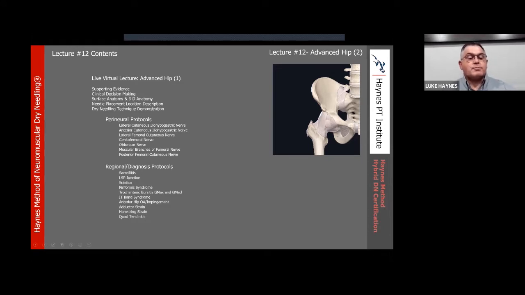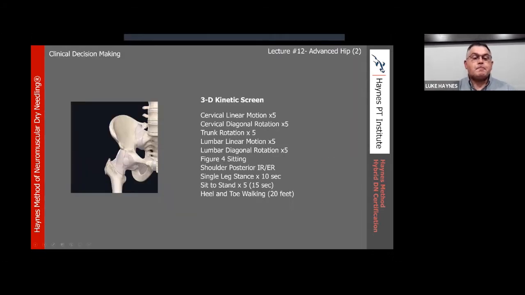From a regional diagnosis protocol standpoint, we're going to look at sacroiliitis, the lumbosacral pelvic junction, what we call sciatica. We'll look at piriformis syndrome, trochanteric bursitis, IT band syndrome, anterior hip OA, osteoarthritis or impingement. We'll look at strains of the adductor group, the hamstring group, and then quadricep tendonitis.